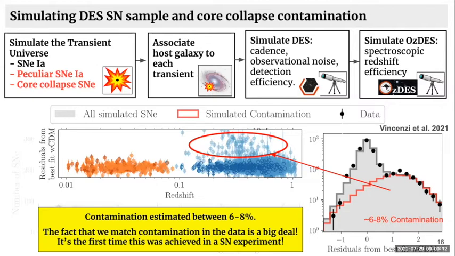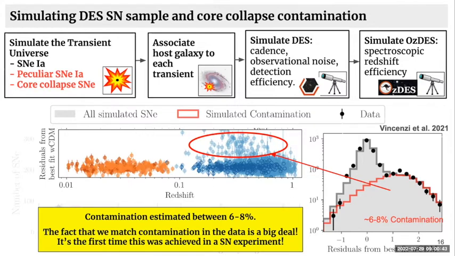So this was our first result, and the first step that allowed us to carry out all our subsequent analyses that I'm going to present in the next few slides.